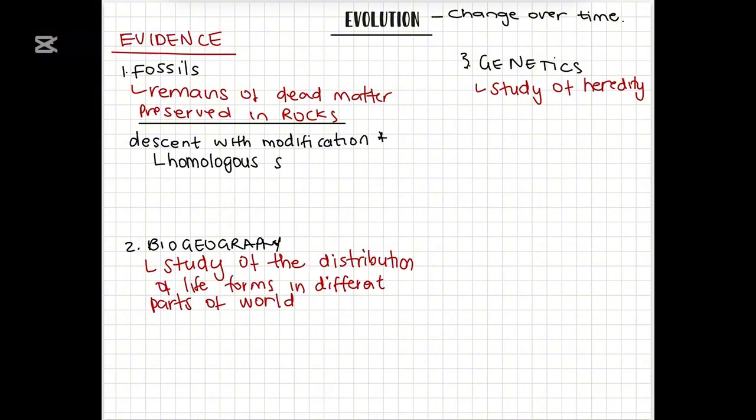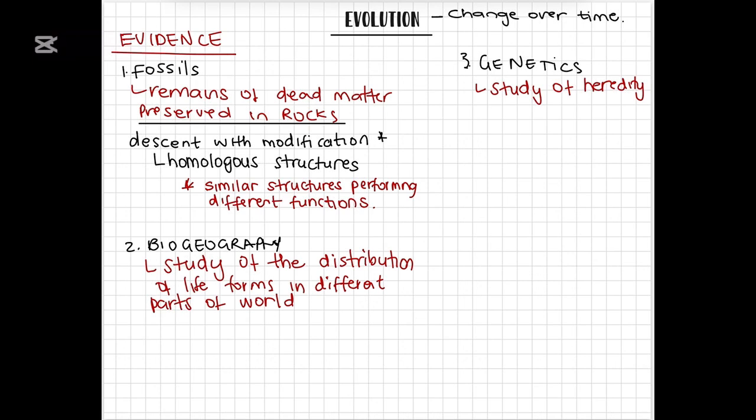We have what we call homologous structures. These are structures across different organisms or different species. The structures are similar, but they perform different functions. So if you look at the hand of a human being and the wings of a bird, they have some similarities there, but they perform different functions.